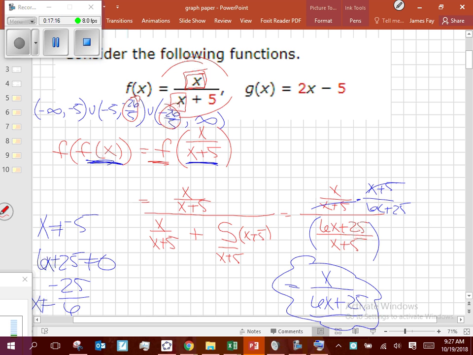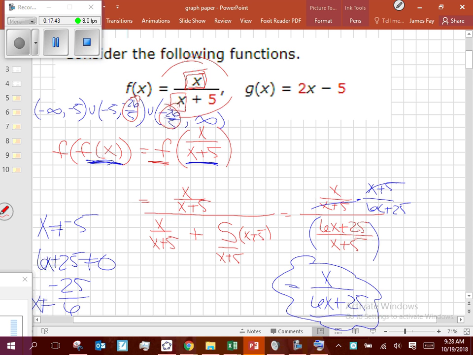It happens regardless of whether you're using the online platform of WebAssign or a textbook. You go through a couple examples and you see, okay, every time I do it, the composition domain is just the domain of either f or g. And you get a habit of seeing that 3, 4, 5 times. Well, that's always going to happen. Well, it doesn't. So I don't want you to get a false impression about what the composition domain is based off of maybe a couple examples that you've seen.